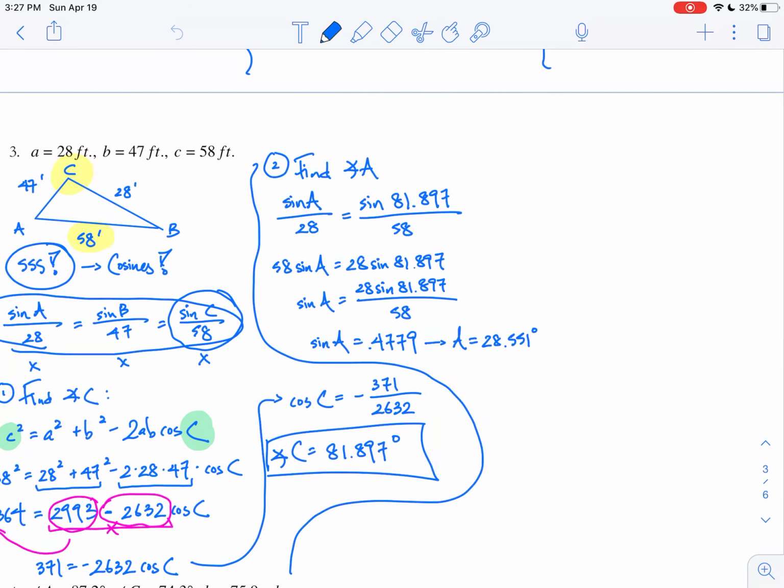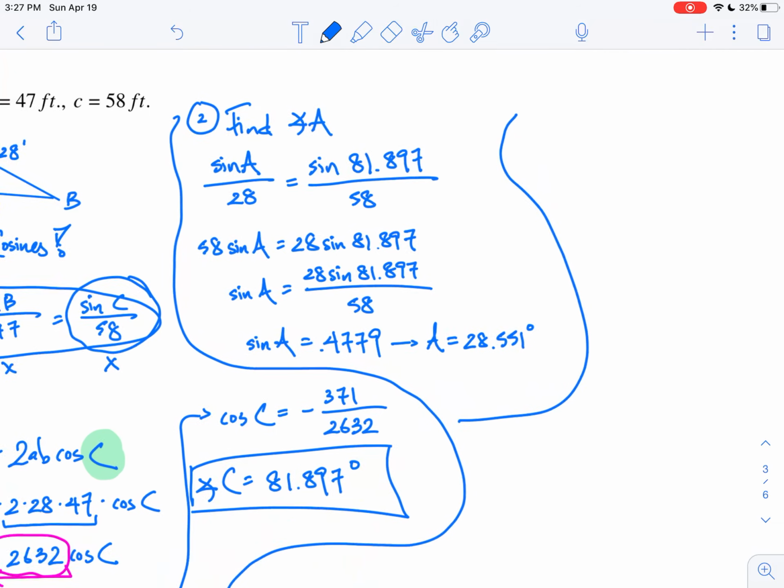Okay. So once you found that second angle, you can use 180 minus the other two to find the third angle, right? So be smart about what you do in the sense that you want to be efficient with your work.